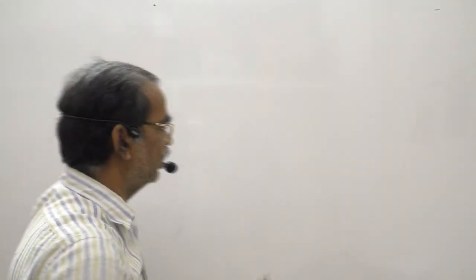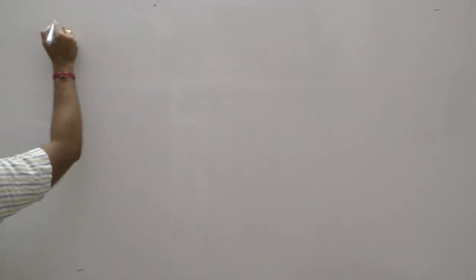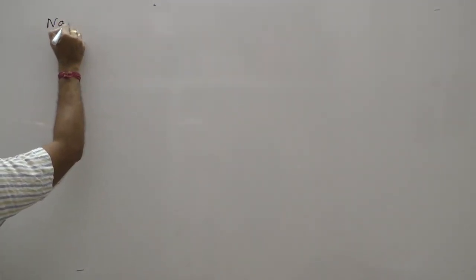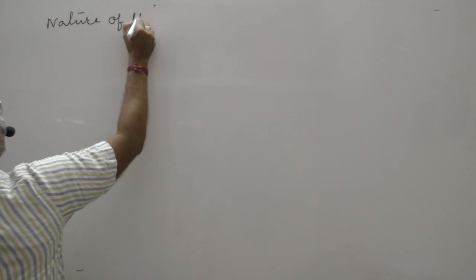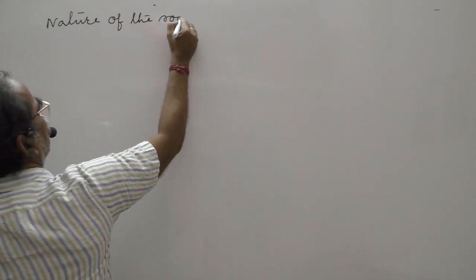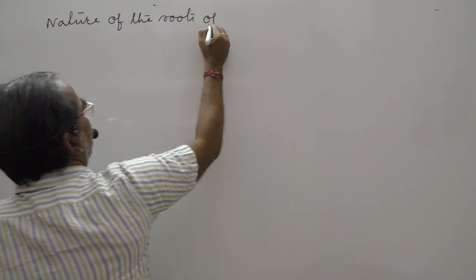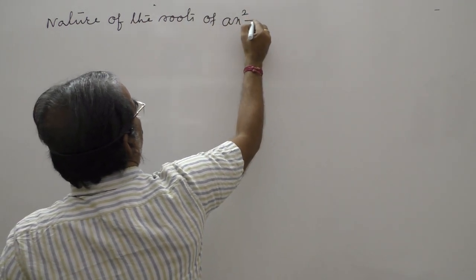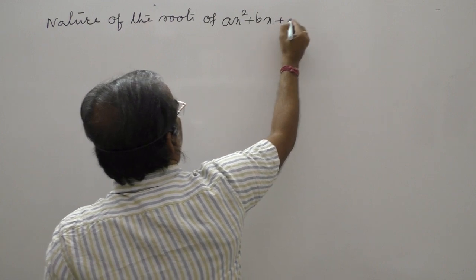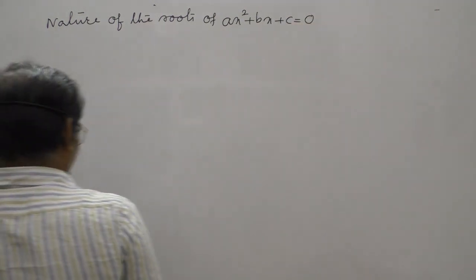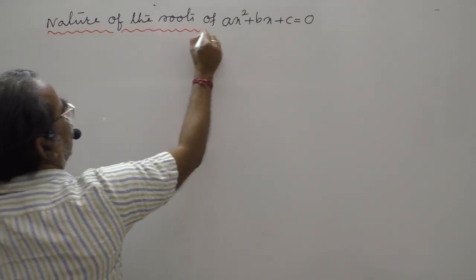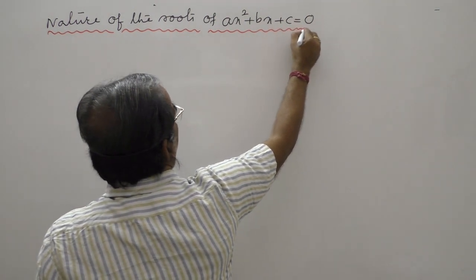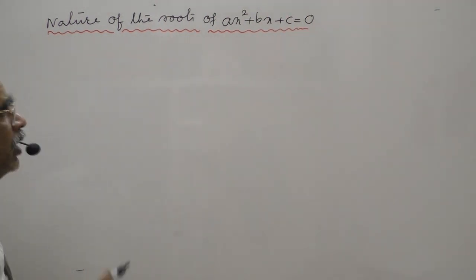Yes. Now we will see the nature of the roots. Listen now. Nature of the roots of the quadratic equation ax square plus bx plus c is equal to 0. So the nature of the roots of this quadratic equation we will see in two different cases.